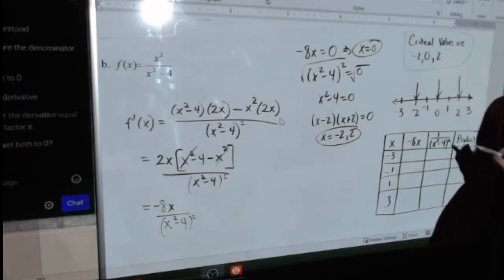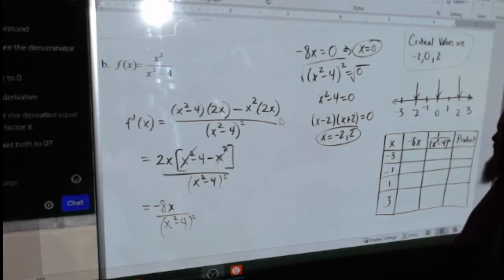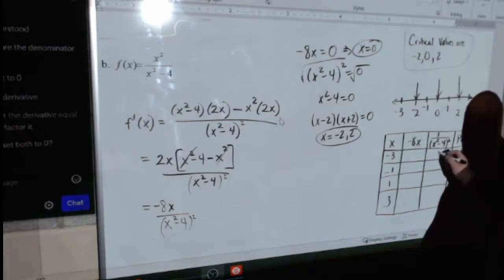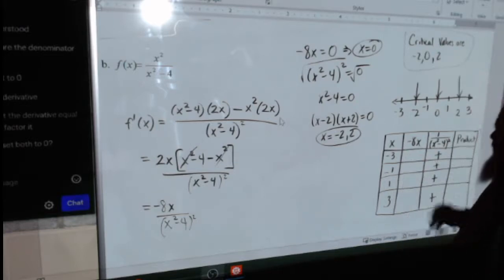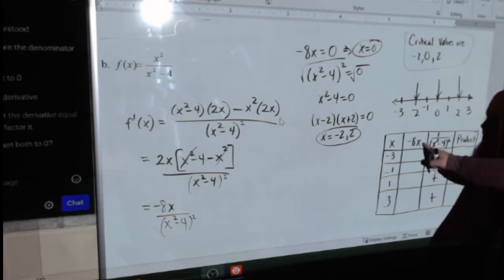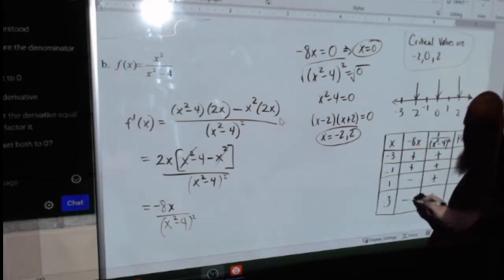So this portion of the derivative, regardless of the value of x that I plug in there, is always positive, because I'm squaring it. So any squared value, whether it be negative or positive, is always positive. So I really only have to care about this piece. Well, it's negative 8 times a negative number, that's positive. And a negative 8 times a positive number is negative.